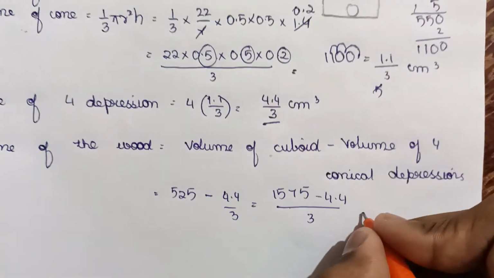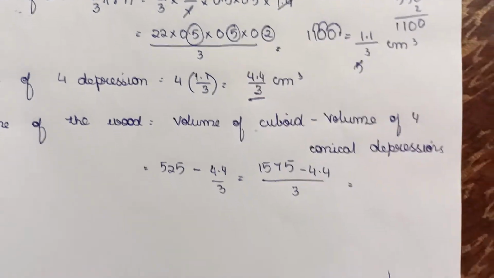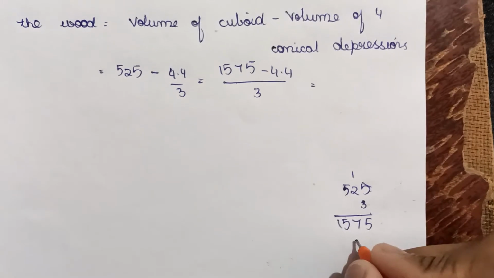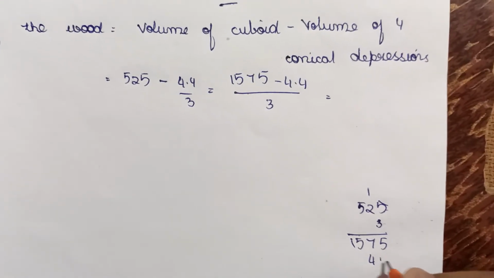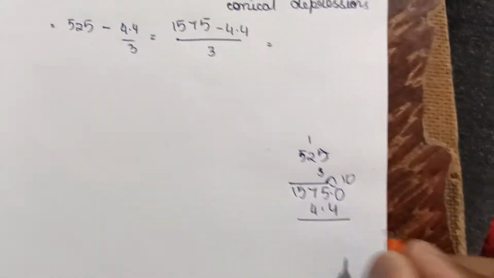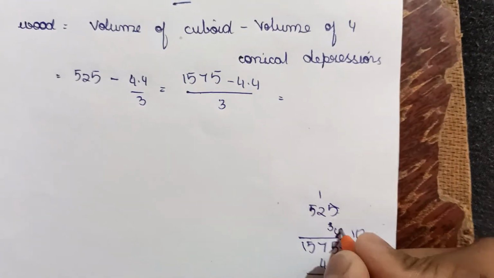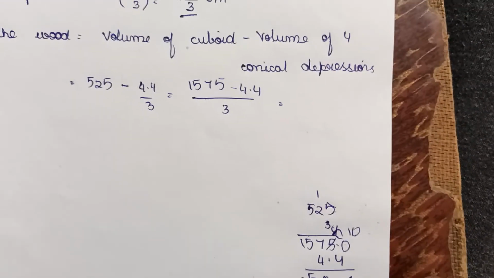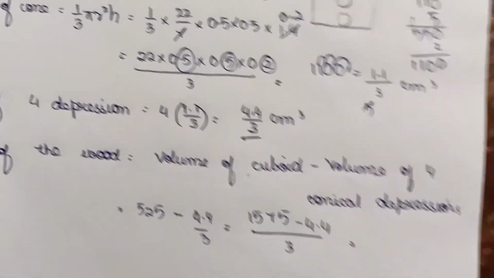We got the LCM, so let's subtract 1575 minus 4.4.